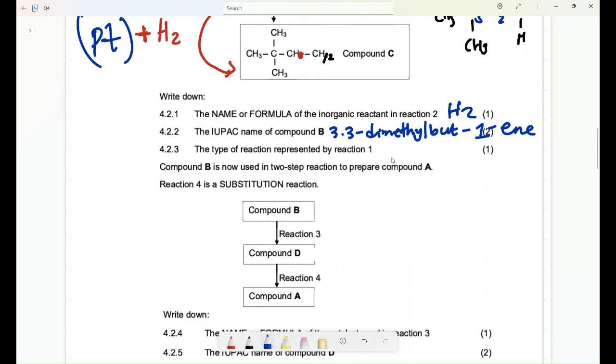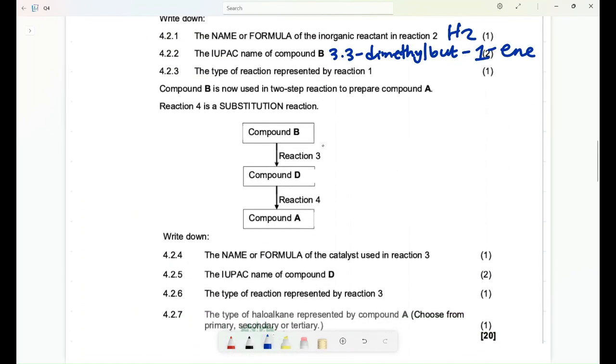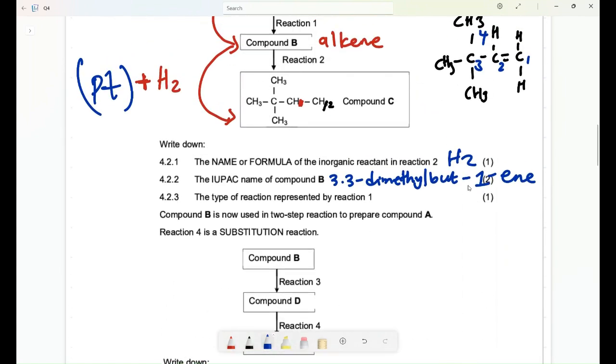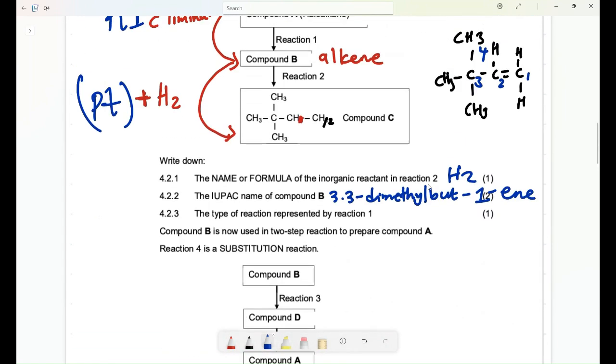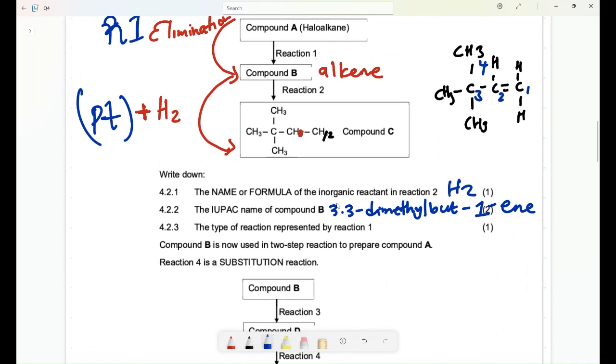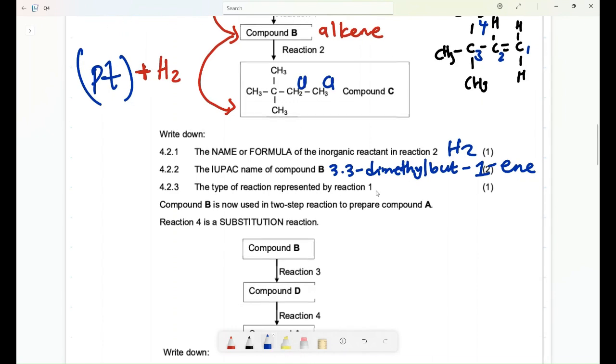So how can they do that multi-step? Remember here we have something like this compound C, but now instead of this H here, we'll have Cl and Cl.